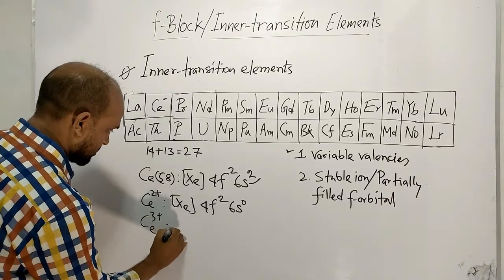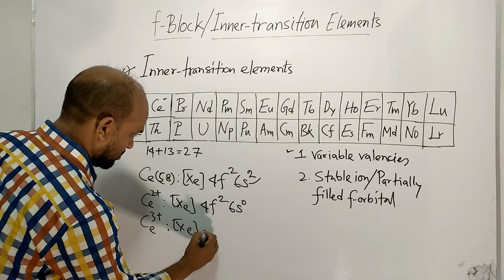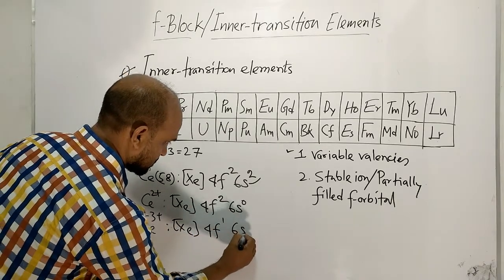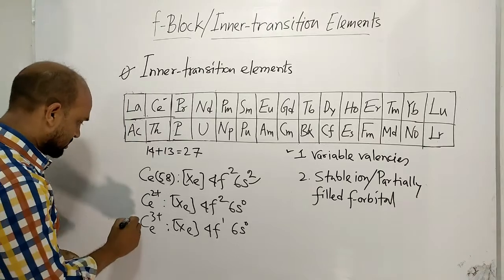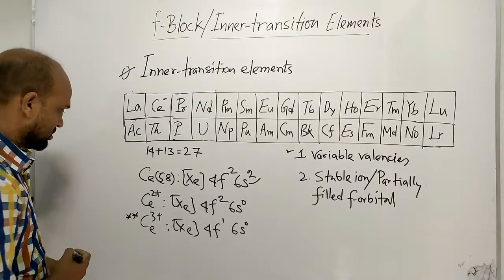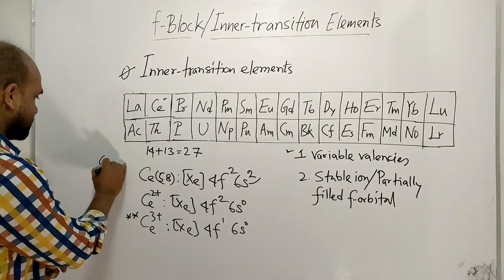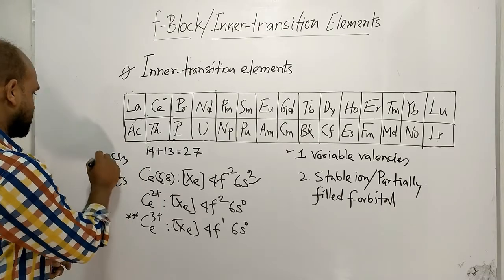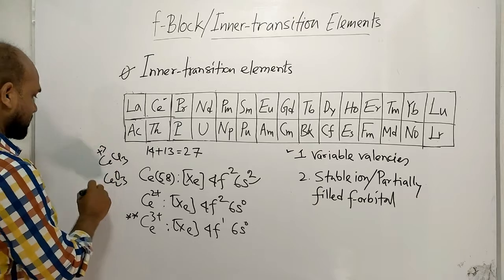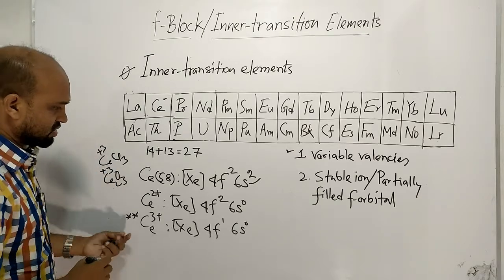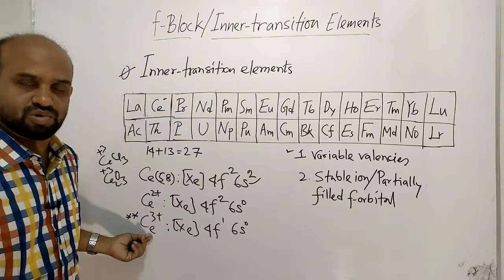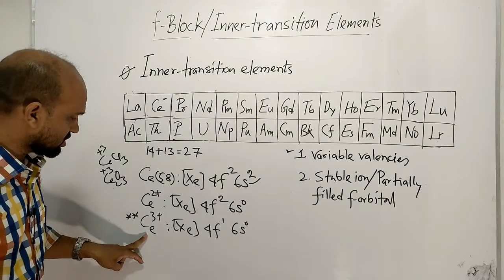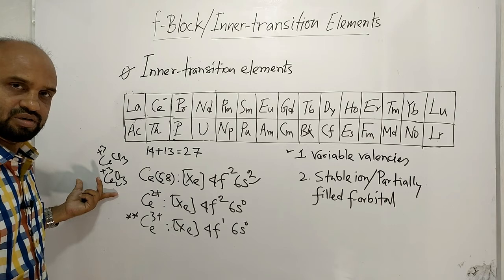Cerium 3 plus, xenon 4f1, 6s0. This is the stable ion, and the compounds are cerium chloride, cerium oxide. Here oxidation state +3, here +3.